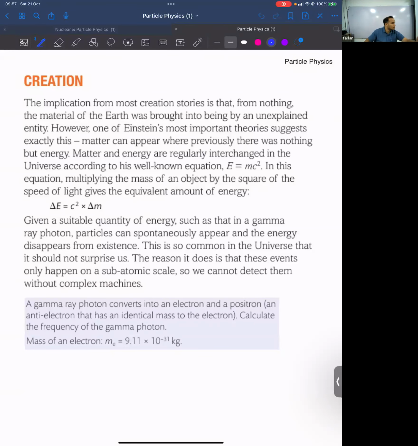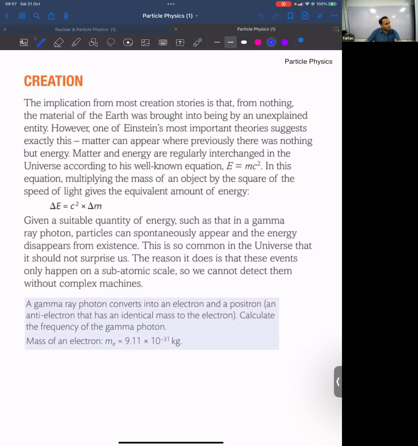Energy can be transformed to matter. Matter and energy are regularly interchanged in the universe according to his well-known equation E equals mc squared. So Einstein says matter can be converted to energy and energy can be converted to matter.